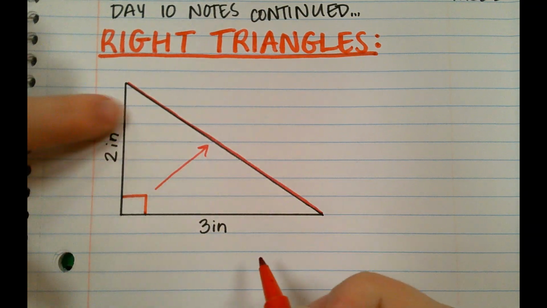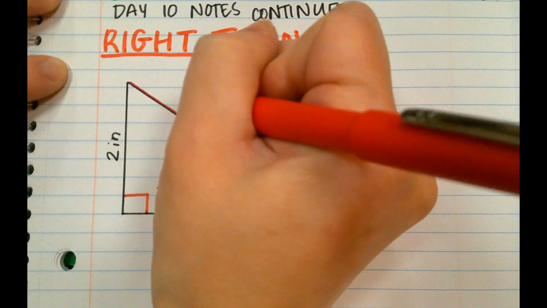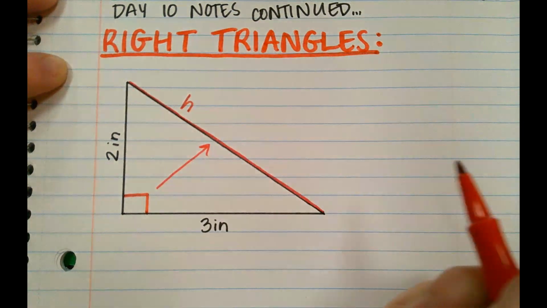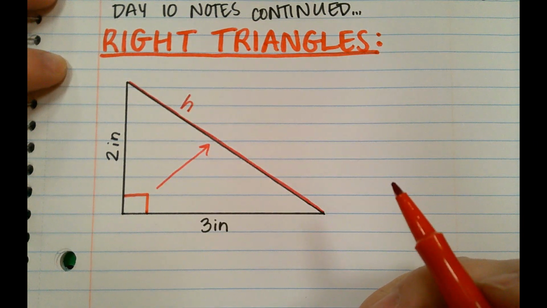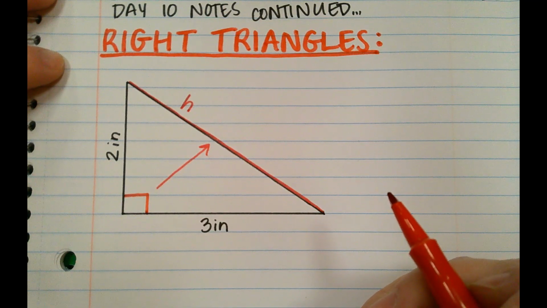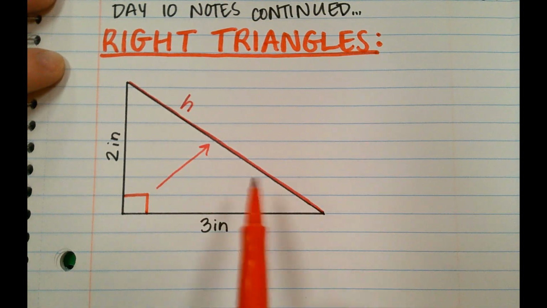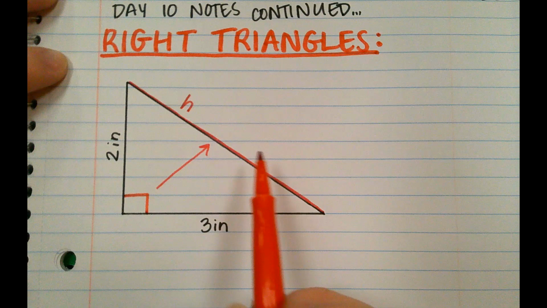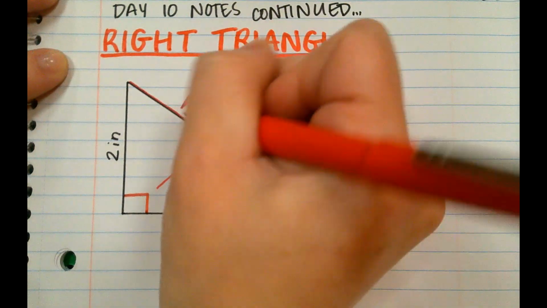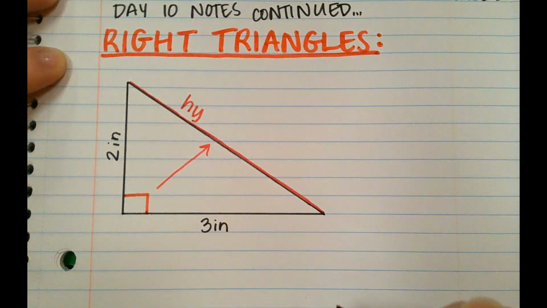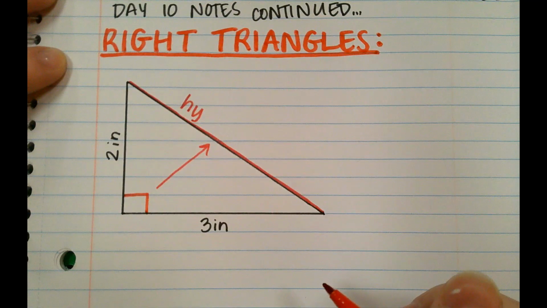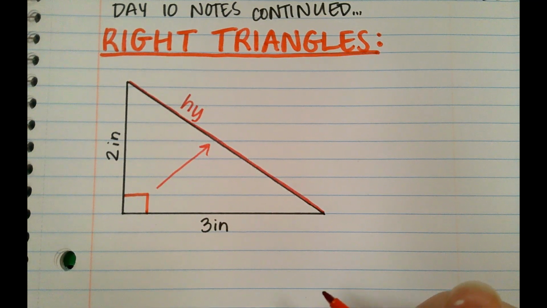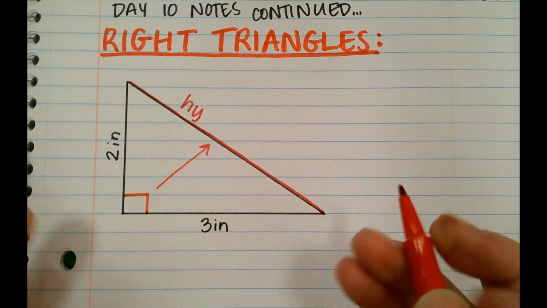And that special name starts with an H. Does anyone know it? I'm always curious to see if anyone already knows. Maybe not. It's a funky word. HY. Ring any bells? Hypotenuse. Yes, okay, it's called the hypotenuse.